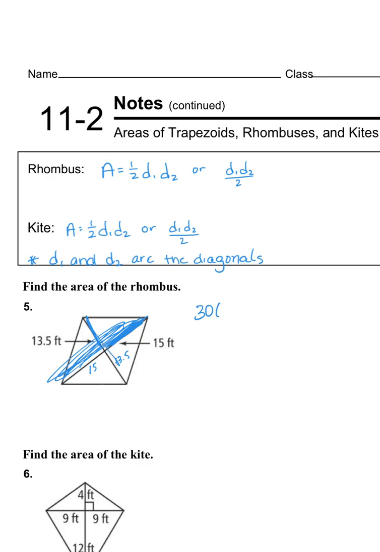And then the whole diagonal on this piece is 13.5 plus 13.5, which is 27. And then I just multiply those and divide by 2. So 30 times 27 is 810, and then divide by 2, we get the area is 405 feet squared.